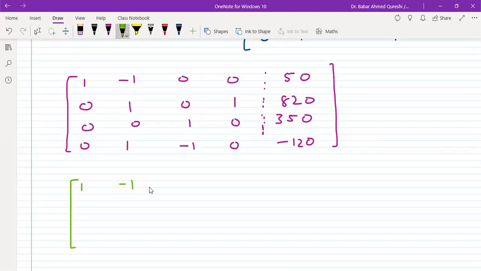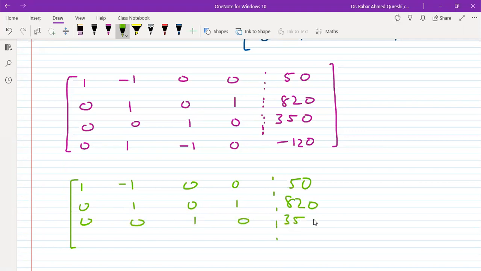So minus 1, 0, 0. Minus 1 times this. 0, minus 1, minus 1 plus 0, minus 1, minus 820, minus 120, that gives me minus 940.